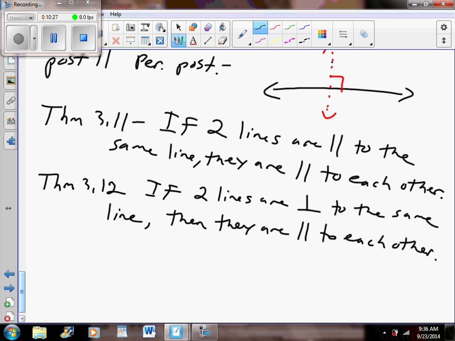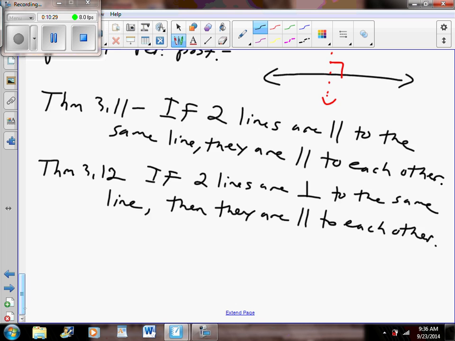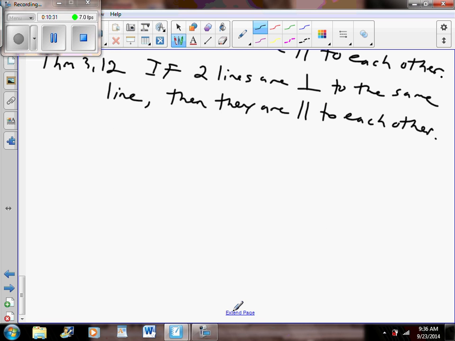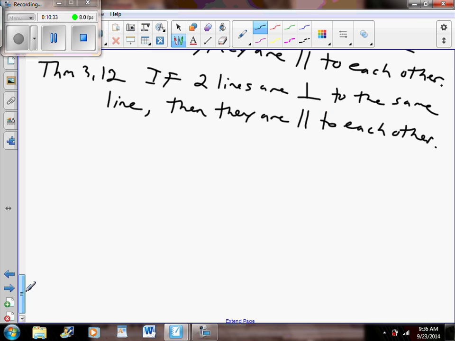And conceptually, let's just think about that for just a moment here. You've got two lines here, okay? I'm going to draw a line perpendicular to both of them. It's a little bit different than what they have in the book, but they're the same idea.